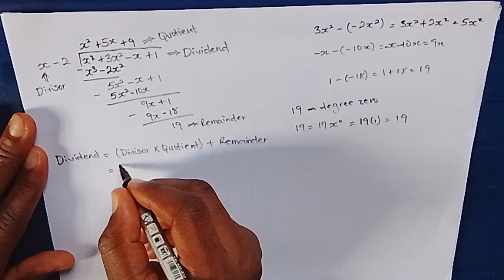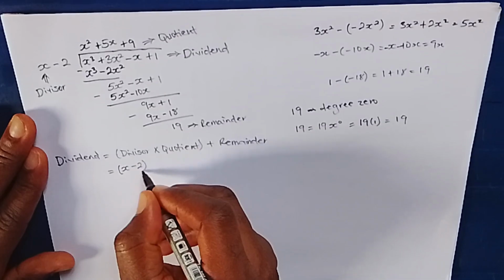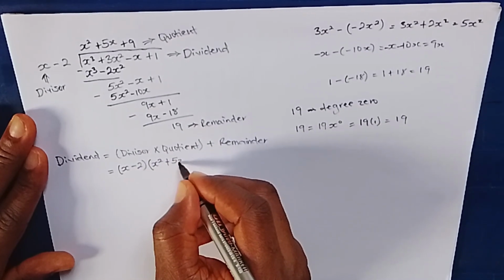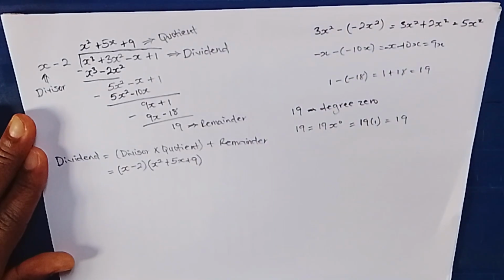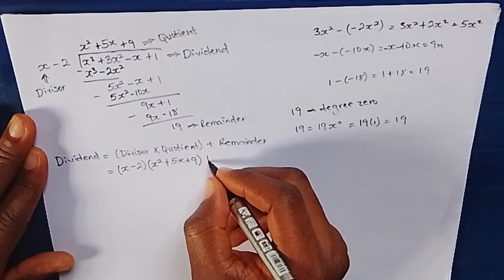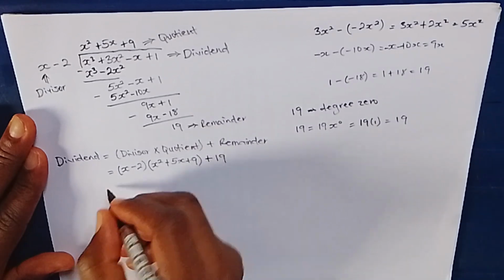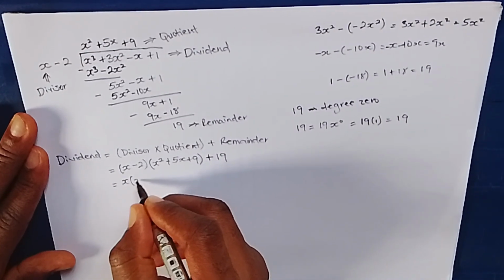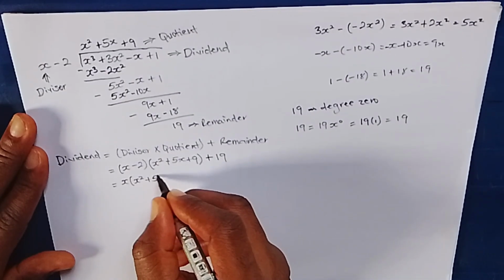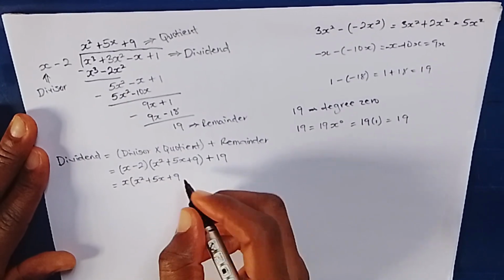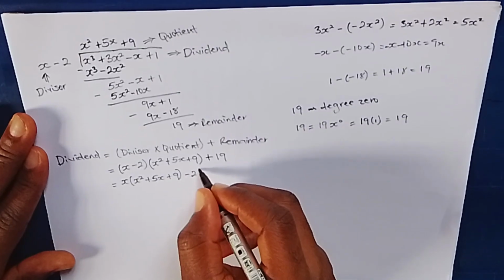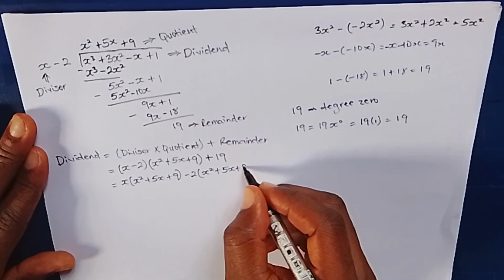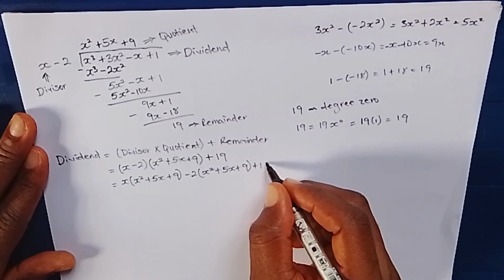So we have our divisor is equal to x minus 2, and our quotient is equal to x squared plus 5x plus 9. Marker is getting faint. Then the remainder is 19. So multiplying, we have x squared plus 5x plus 9, and then minus 2, x squared plus 5x plus 9, and then plus 19.